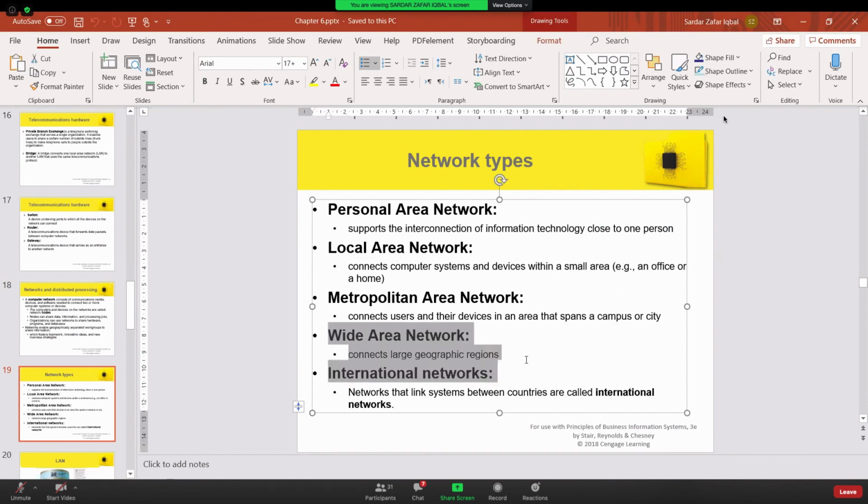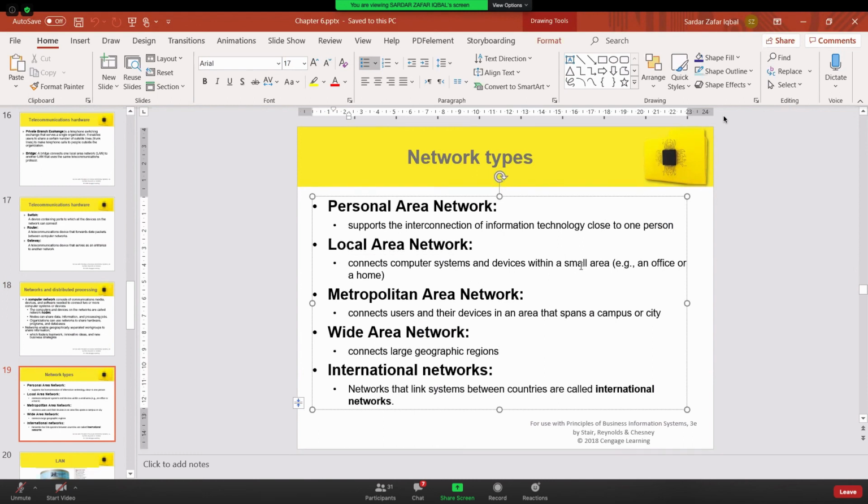So we can say it's a wide area network, large geographic regions. International networks, which is the internet, are the networks that link systems between countries. Internet is basically a network of networks.